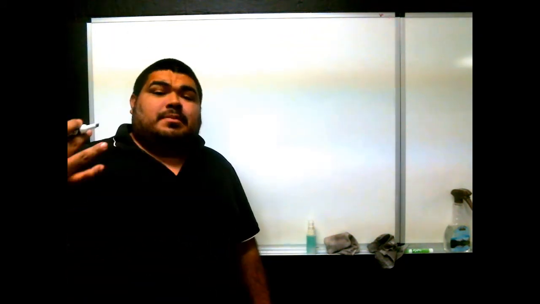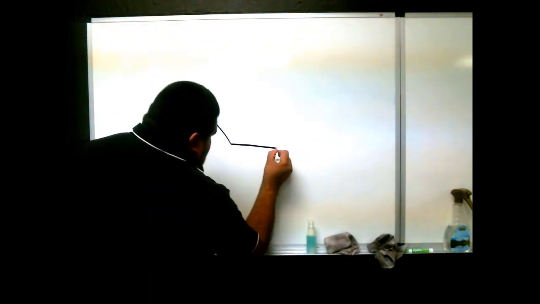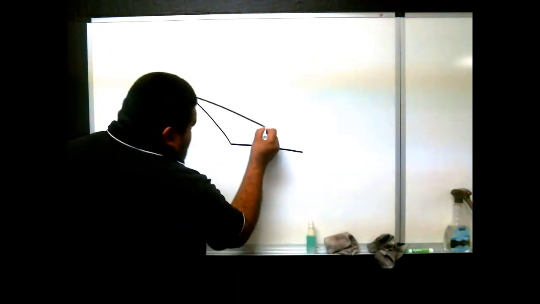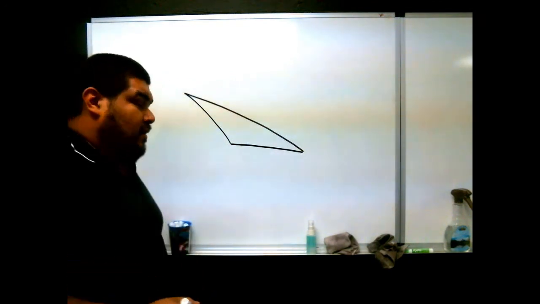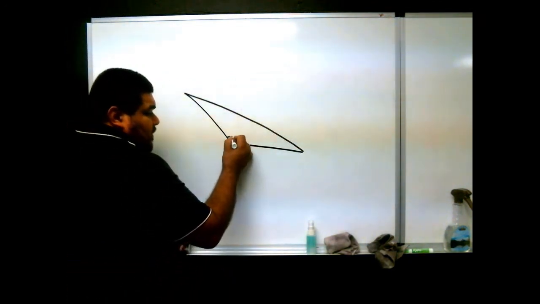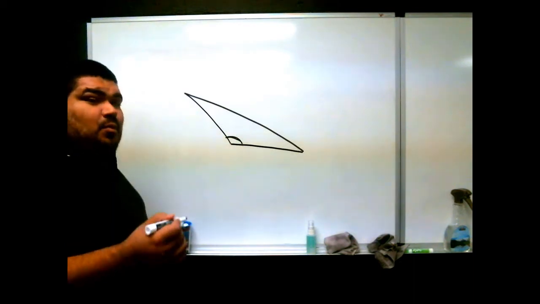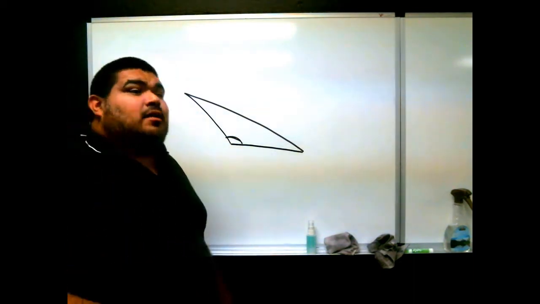The other one would be an obtuse triangle, okay? Obtuse meaning one of the angles is more than 90 degrees, meaning usually it looks like an open side, like this, okay? Notice that one of the angles, in this case the one at the bottom, is more than 90 degrees, okay?